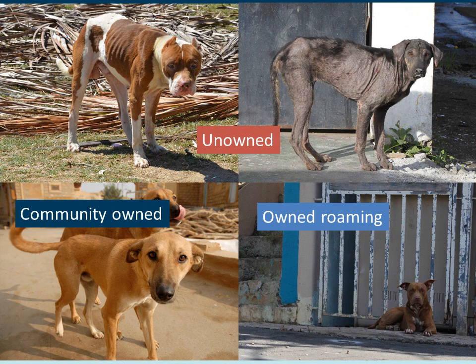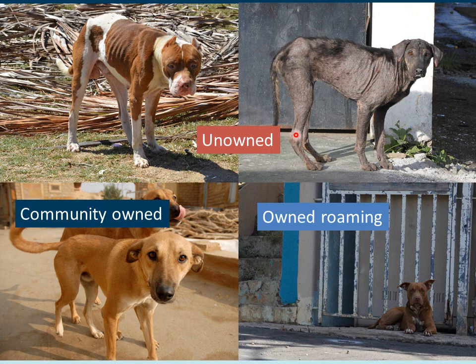So if we go back and look at these dogs that I showed earlier, we can see that they describe some of these different states. So down here we have an owned roaming dog. Someone actually owns this dog. The person that lives in this house owns this dog, but he allows it to roam for at least part of the day. These two dogs are from Jaisalmer in India. They don't have a single owner, but several people in this community would feed them on a regular basis, and they were very friendly, charming dogs.